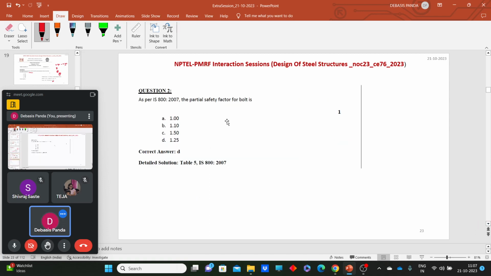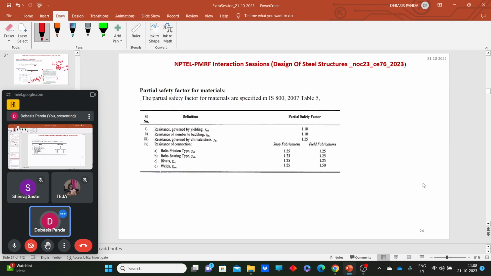What does the next question say? It's about the partial safety factors of the materials, and the partial safety factors of the materials are given in table number 5. So in this table number 5, which safety factors are important here?